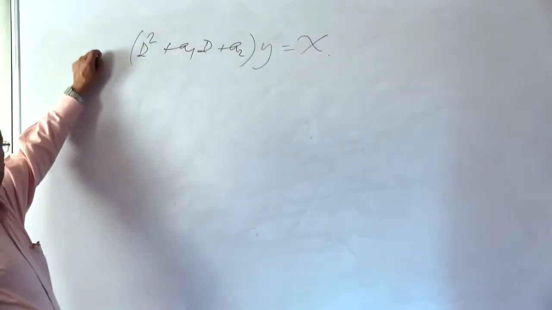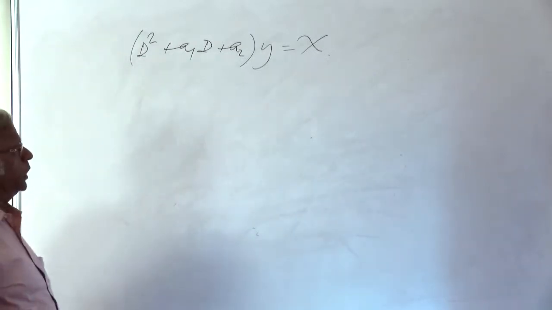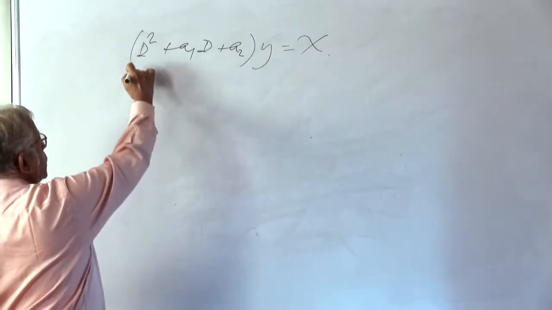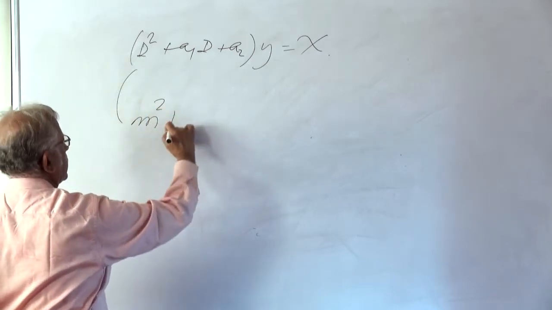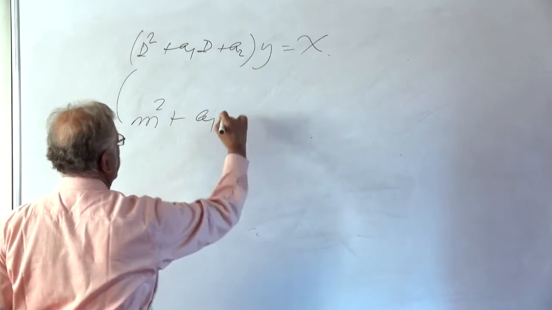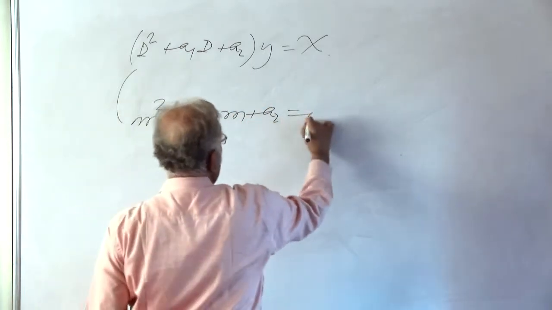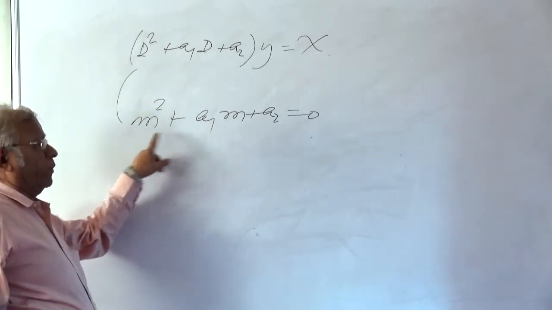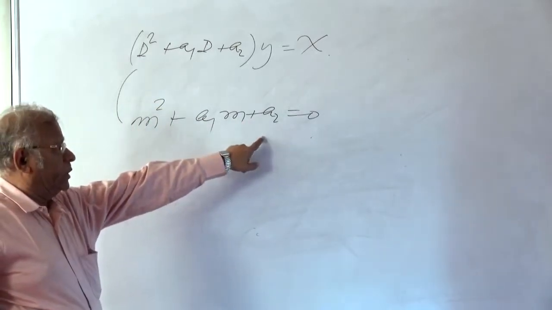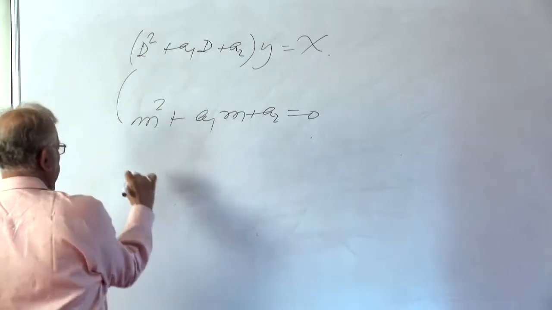Now, for the complementary function, we set the right hand side equal to 0 and get an auxiliary equation, which is m squared plus a1 m plus a2 is equal to 0, and find the values of m that satisfy this. We have seen earlier that there are three cases.